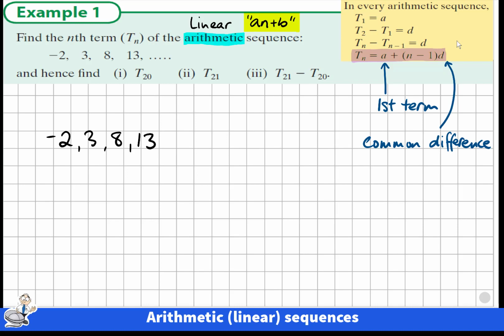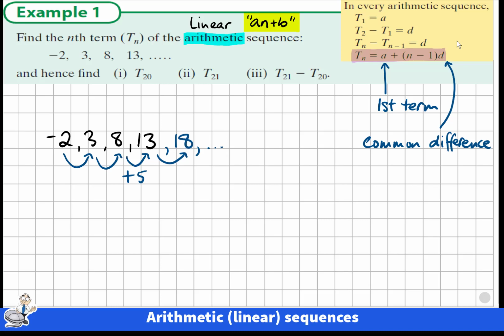If you got this in a test, the first thing to do would be to note how it is changing. As you go from one term to another, each time we're always adding on 5. Okay? So the next term in this series is going to be? Plus 5, and that's 18. Very good. And it goes on like that.